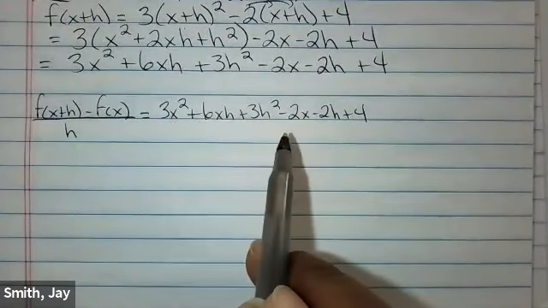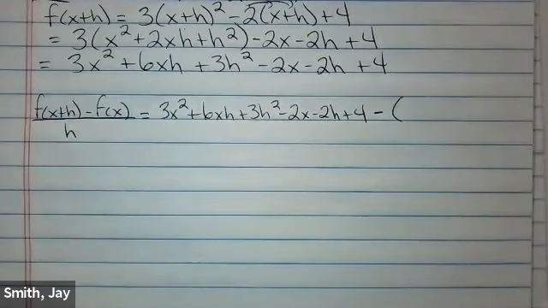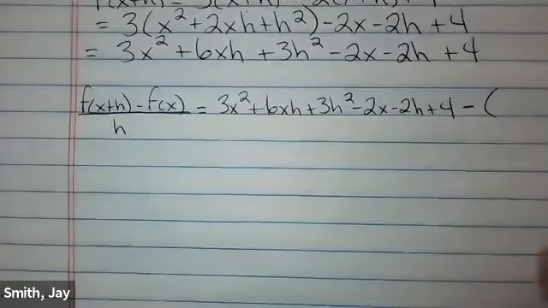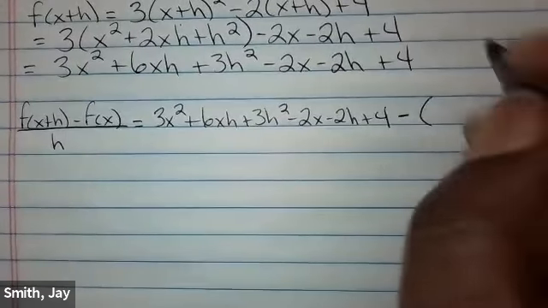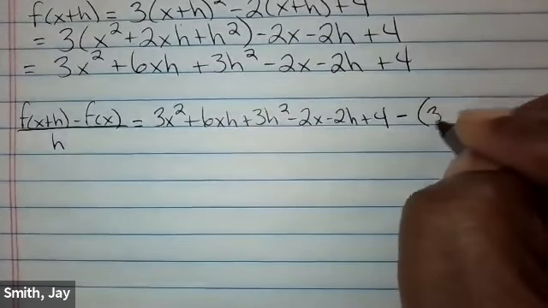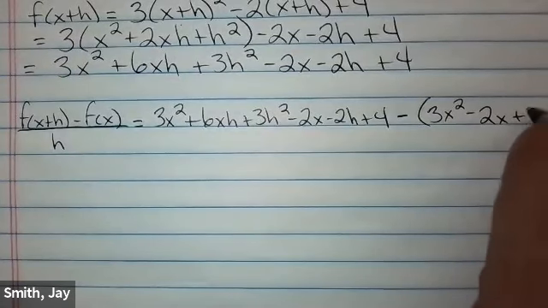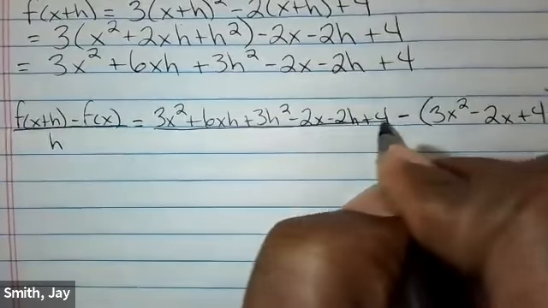This is f of x plus h, minus f of x, which is given to us in the problem. Remember, f of x was 3x squared minus 2x plus 4. All of this is divided by h.